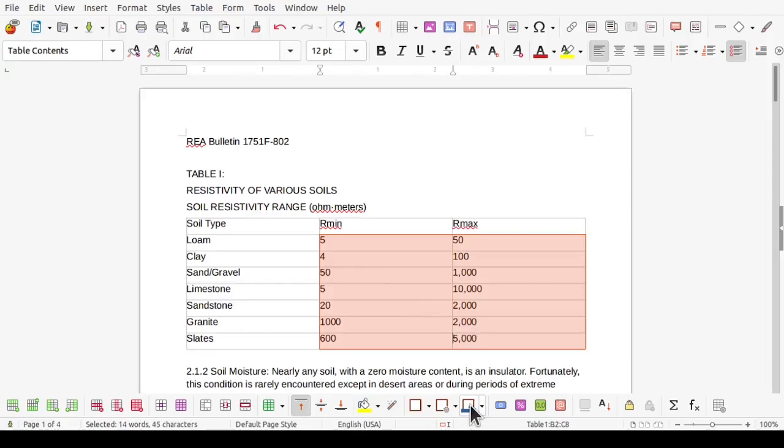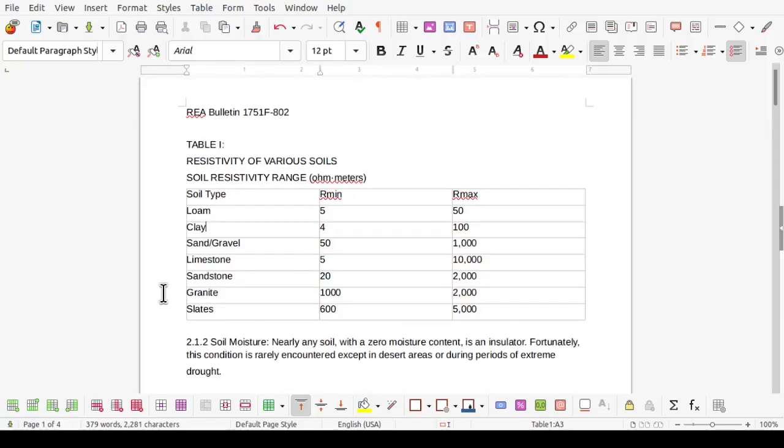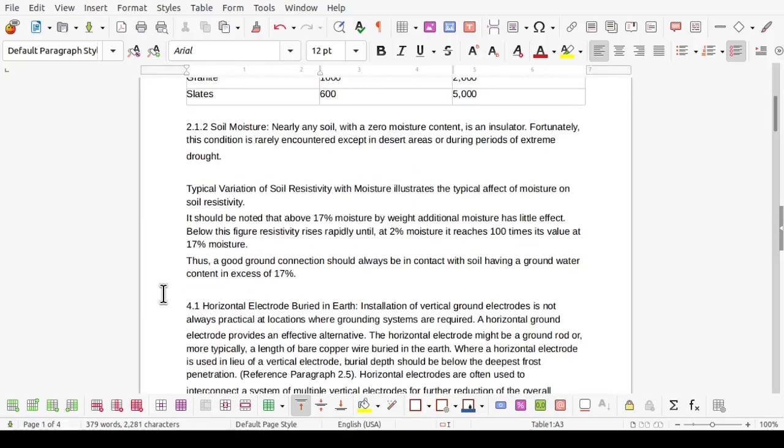What can I say? You can measure it. There's ways of measuring it. But we're not going into that right now. And we're going to put this table aside, and we're going to go into soil moisture. As it says here, nearly any soil with a 0 moisture content is an insulator. And that is bad news. That's for hams that live on top of a mountain.